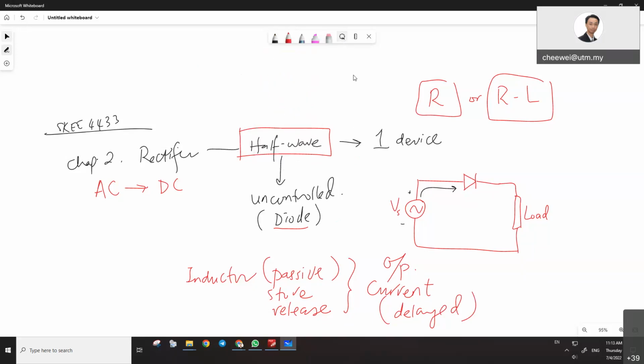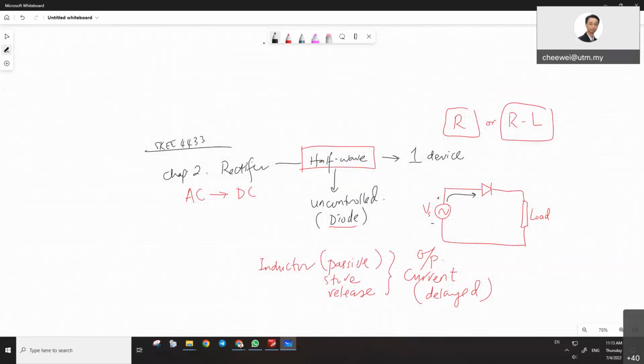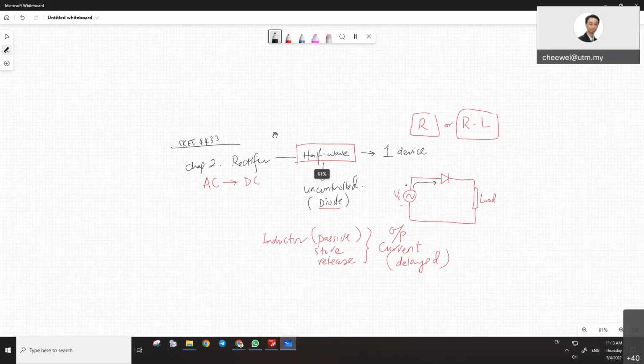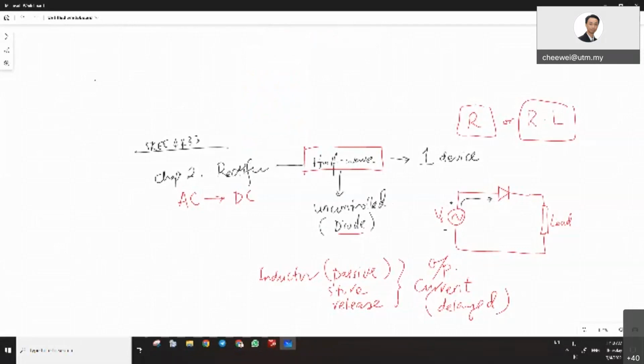How do I select this one? No. Okay. I don't know how to play around with this whiteboard. How do I move the whiteboard? Any idea? Oh, I have to deselect this one.